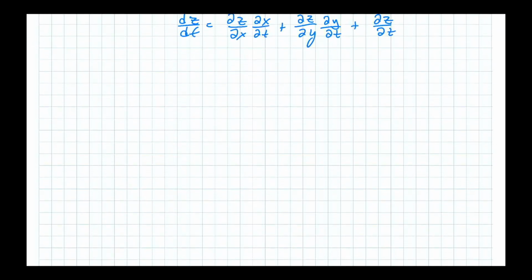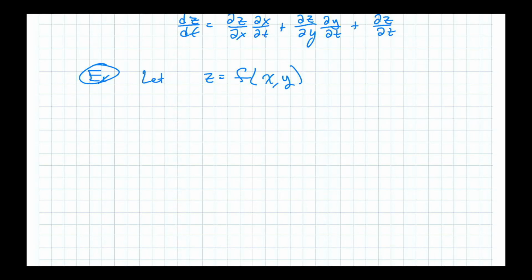So that was a weird example, but let's do another one. Let z be a function of, let's say, x and y. Let's just do x and y, but this time we're not going to use t's.